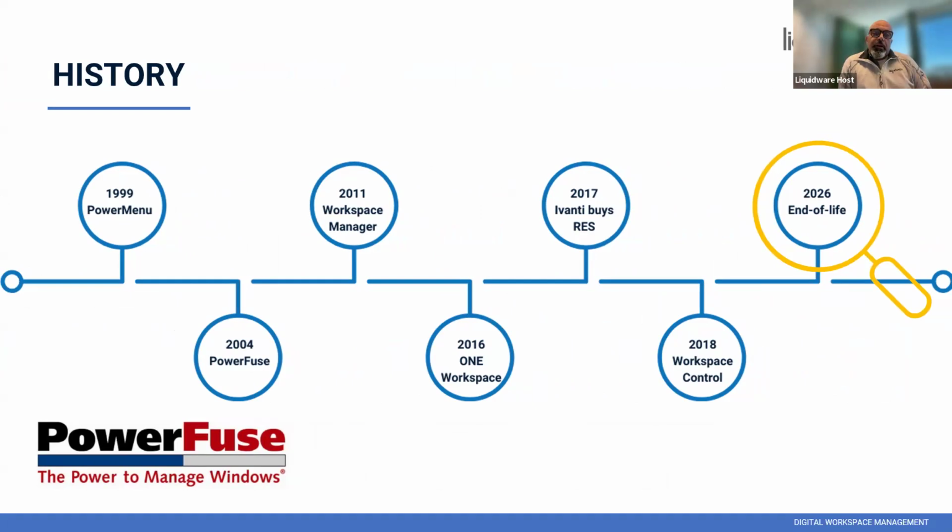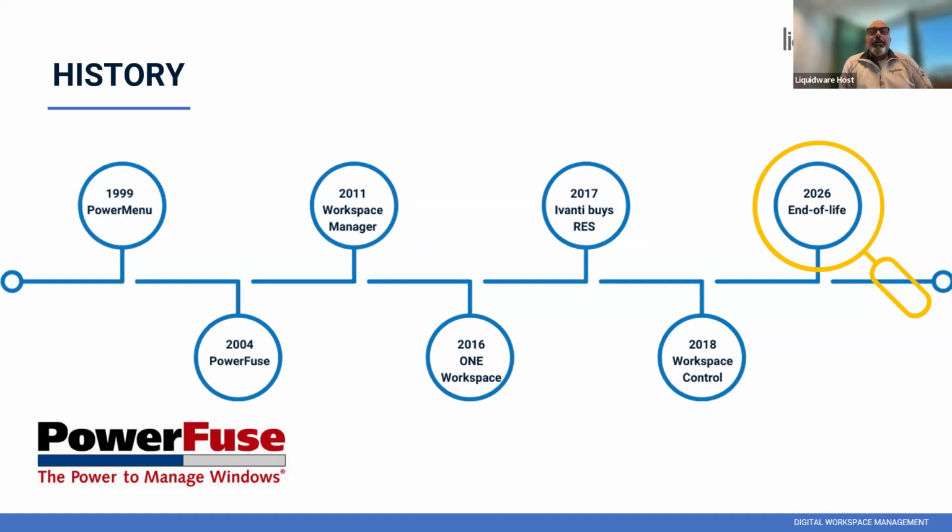We're here today to talk about an era. It all started back in '99 out of a garage in a village called Os, and that's where RES, the real enterprise solution, started with the product Power Menus. Over the years, it became Power Views, then Workspace Manager.